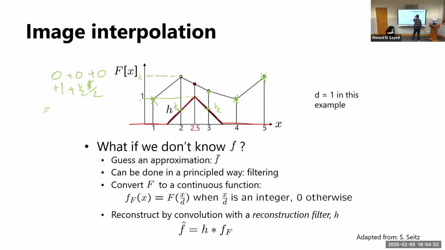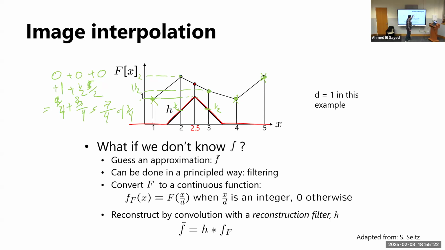So if this is 2 and this is 1.5, the approximated value will be the point in the middle here, which is 4/4 plus 3/4, which equals 7/4, which is 1 3/4, the middle point here.